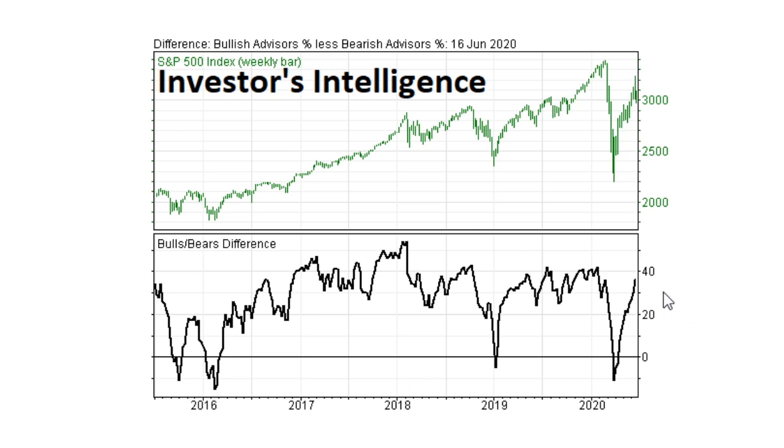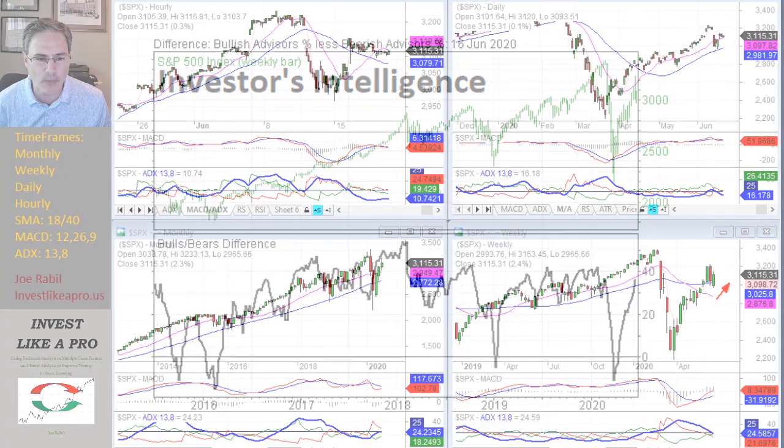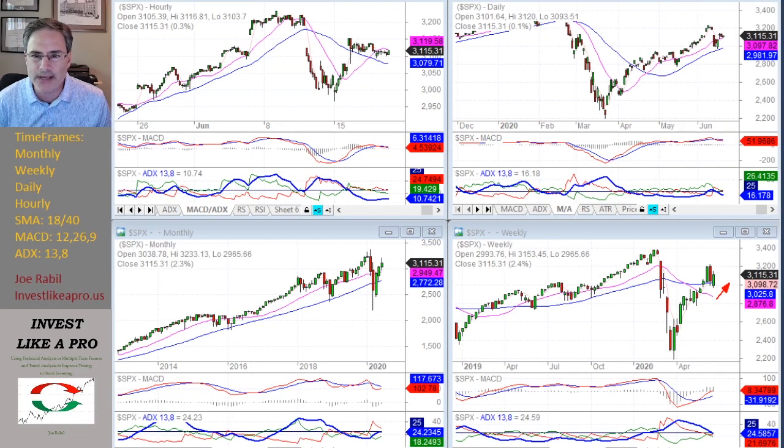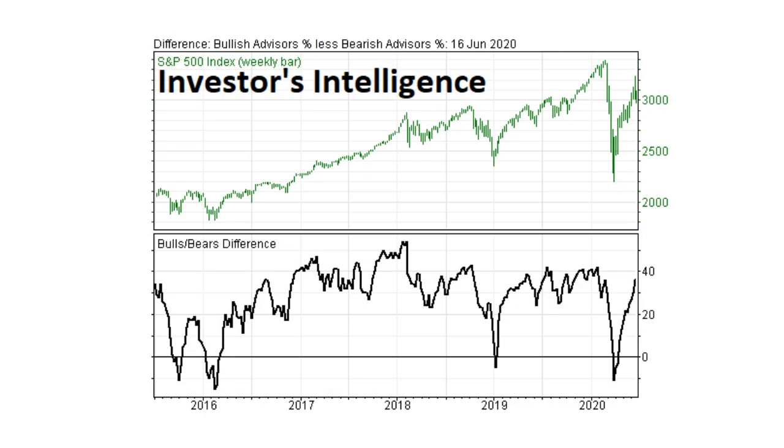And so it's a good thing to have as a secondary indicator. I use it as a secondary indicator. What I mean by that is price and moving averages and the technicals, to me, are the most important and primary indicators that I use. But as a backdrop, I like to know what's going on on the sentiment side.